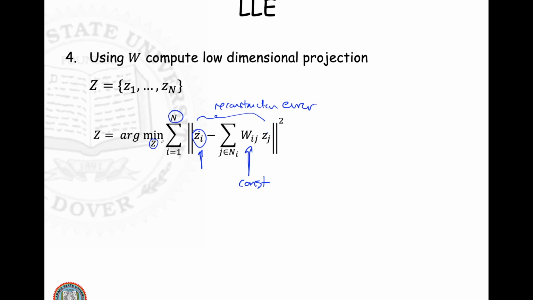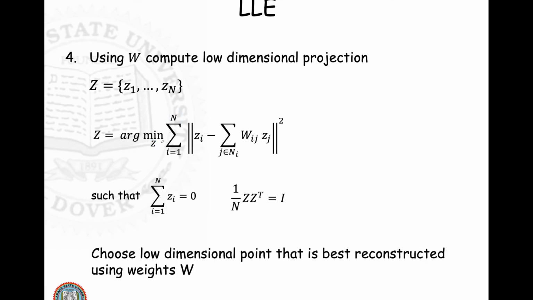So we do this, and we're going to add some constraints. We're going to make the assumption that in the new representation the data sums to 0. That means these vectors are centered. One of the ways you can get centered vectors is through some kind of orthonormal decomposition like an eigendecomposition, but we can solve this quite easily with another quadratic optimization solver.